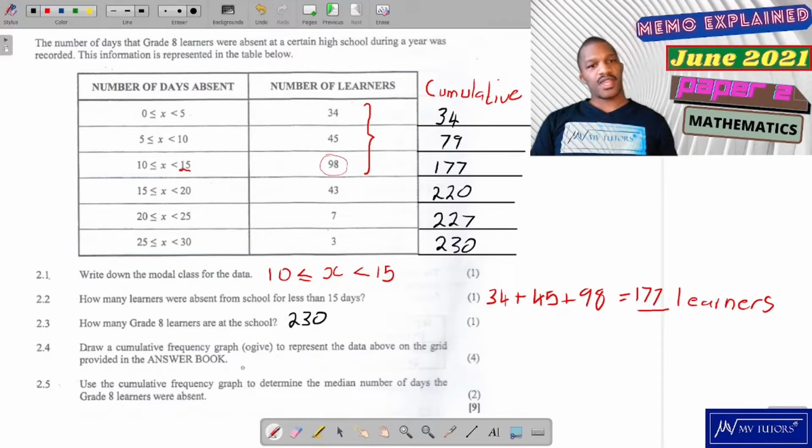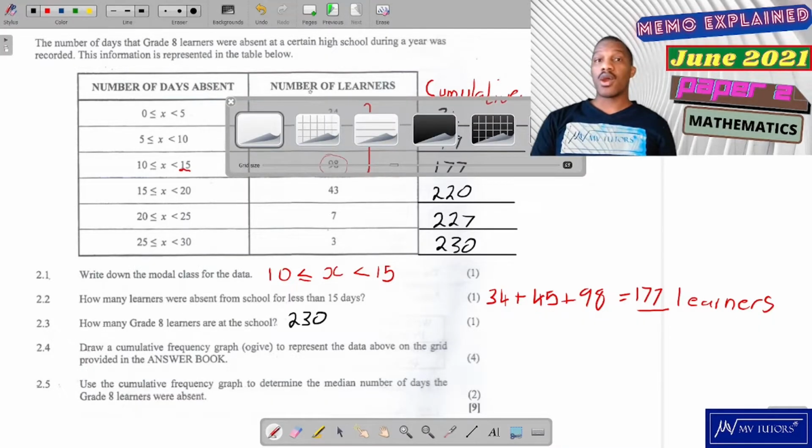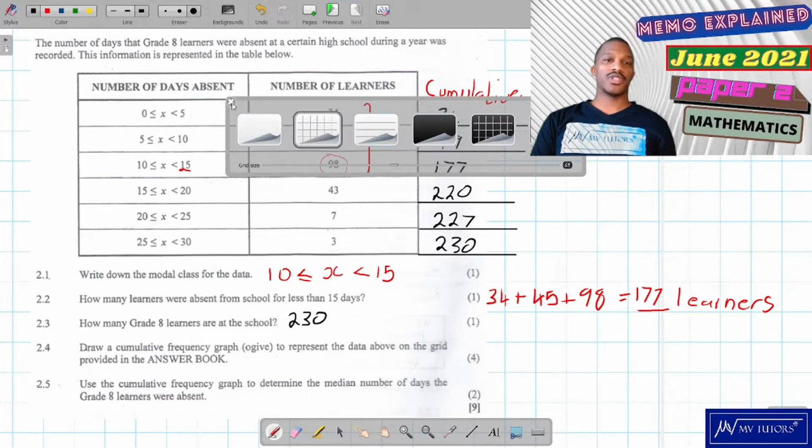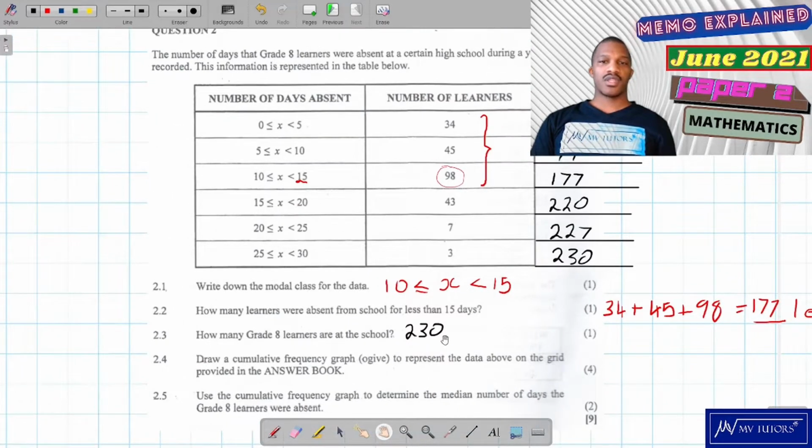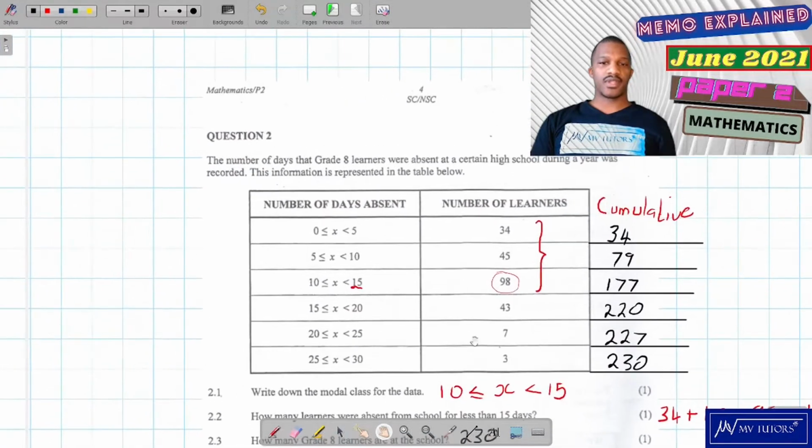Okay, and then it says draw the cumulative frequency graph, Ogive, to represent the data above on the grid provided. I haven't been provided with any grid, so I'm going to make up my own. Fortunately, it's as easy as the touch of a button. There, we're done with it now.